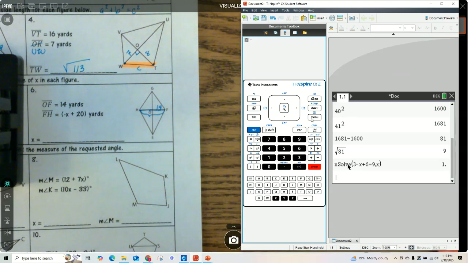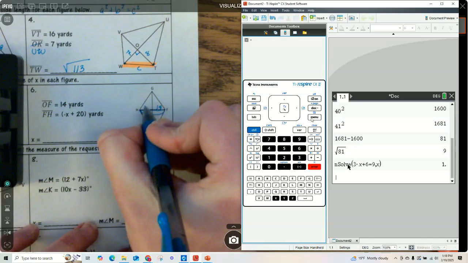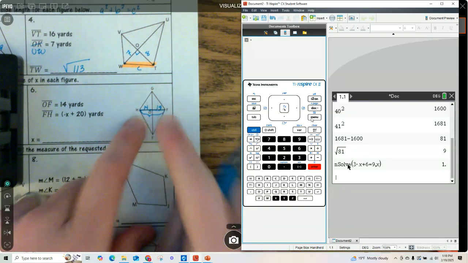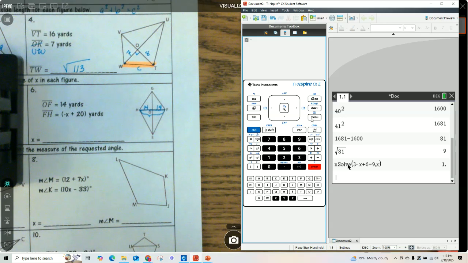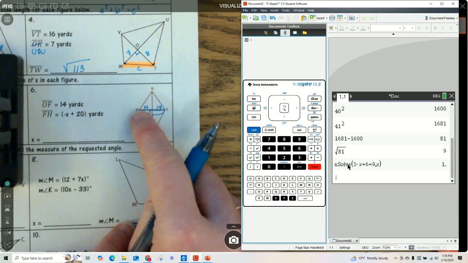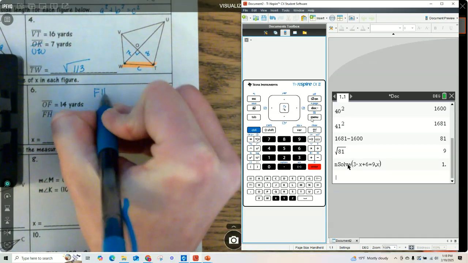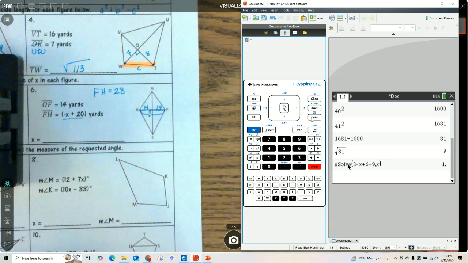Okay, so if it's the short diagonal, if this side is 14, then this side is 14. What's the total length from F to H? 28. 14 plus 14. So FH equals this, but FH also equals 28.